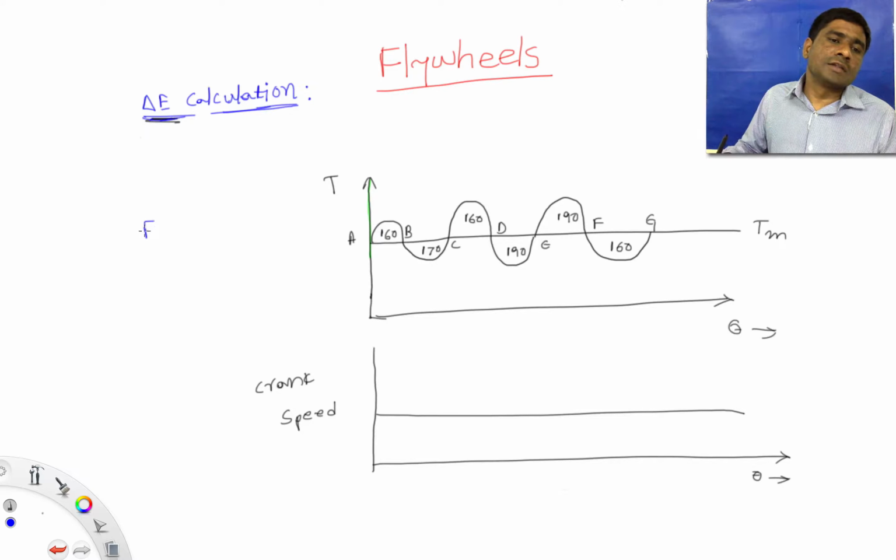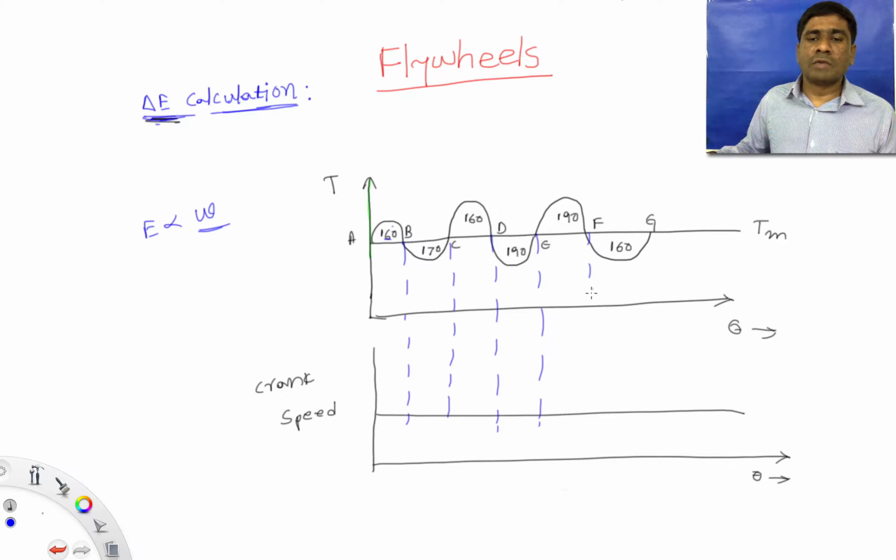And we have already seen that E is proportional to omega or omega square. So let's draw; here the energy areas are given directly. So how do we calculate delta E in this case? For example, if you consider the crank speed at point A, first let me draw these corresponding points.